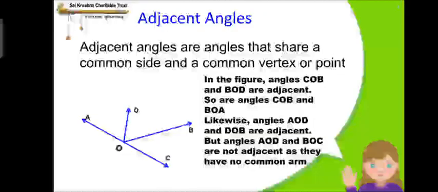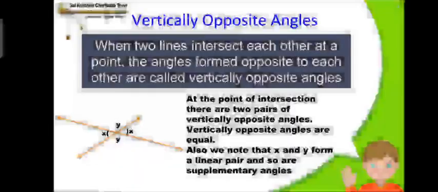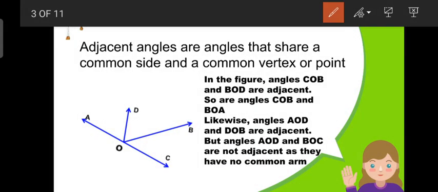Okay. So next come the adjacent angles. I have already explained, right? Adjacent angles are angles that share a common side and a common vertex or point. So in the figure, angle COB, see here, is this angle. And BOD is this angle. So these two are adjacent, right?